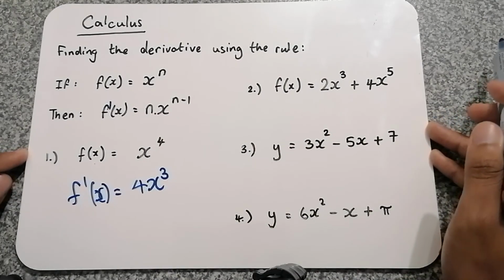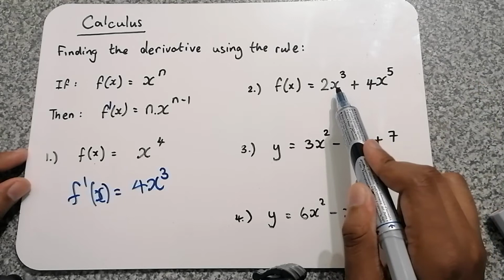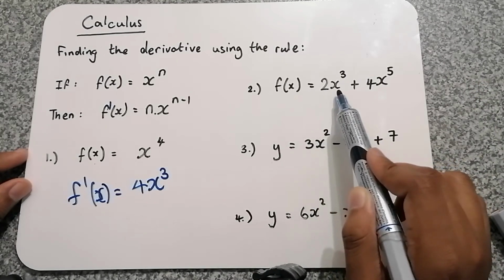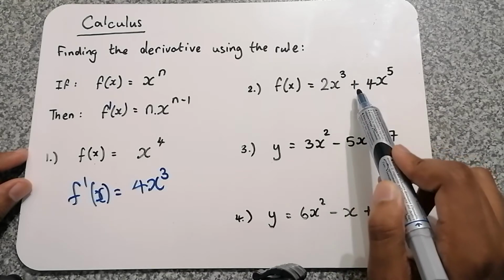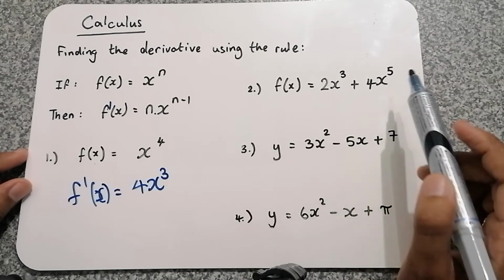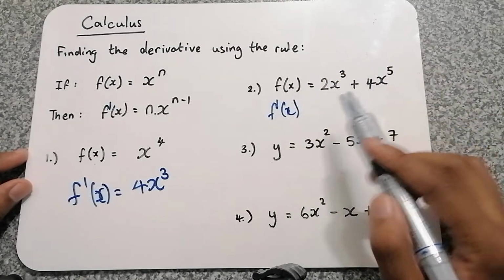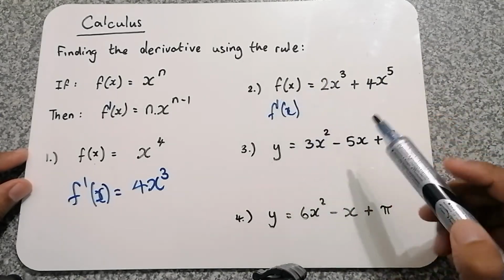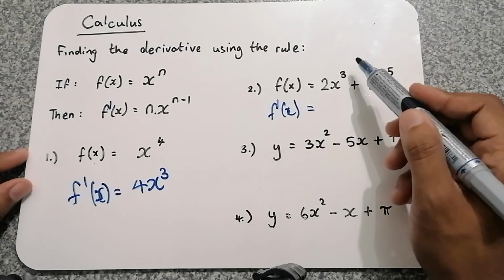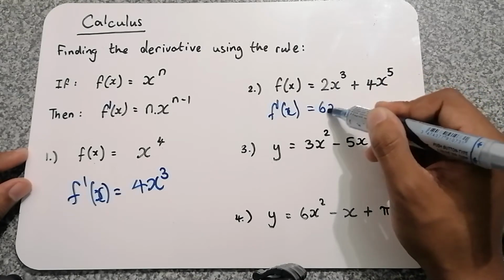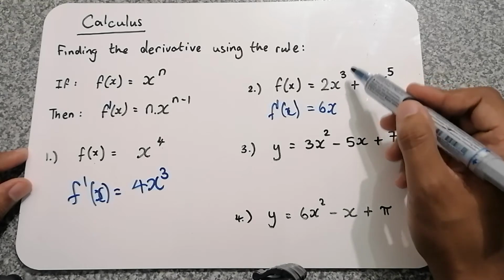Now, even if there were multiple terms, for example number 2, we have the function equal to 2x cubed plus 4x to the power of 5. So the derivative, which we write as f with a line on top, is simply equal to that exponent multiplied by the number in front, and then we decrease the exponent by 1.